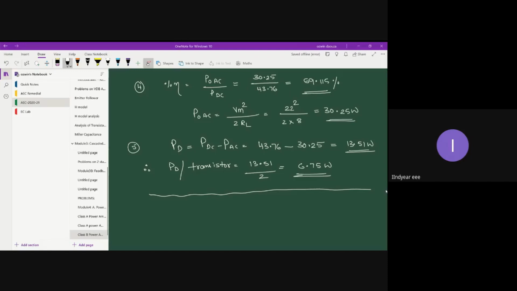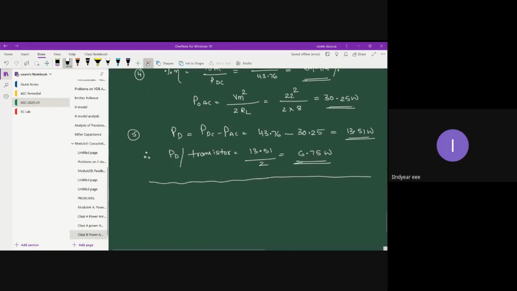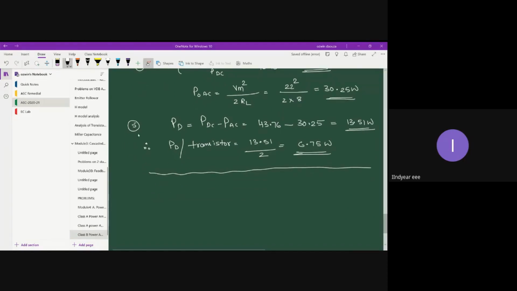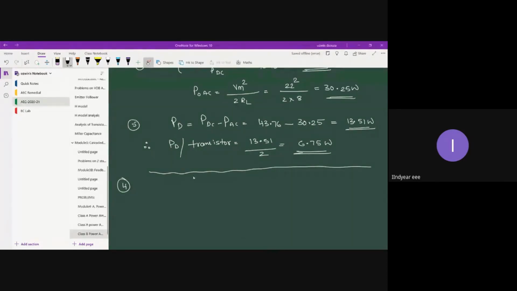Now let me see whether I can solve a few problems from other circuits. Okay, fine. So this particular problem is based on a transformer-based push-pull power amplifier circuit. Okay, it had come for 8 marks.